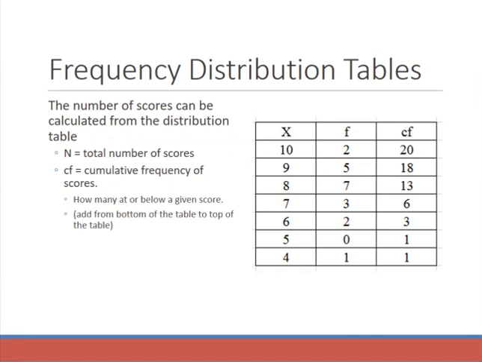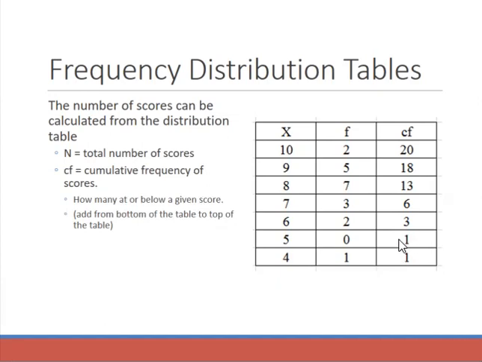So I might ask something like how many people scored 7 or lower on a test. I'd want to add up how many people got a 4, 5, 6, or a 7. If you're looking at a score or below, you start at the bottom of your frequency distribution and calculate the cumulative frequency for each score by adding up. You can see we had 1 person who got a 4, so the cumulative frequency is 1.